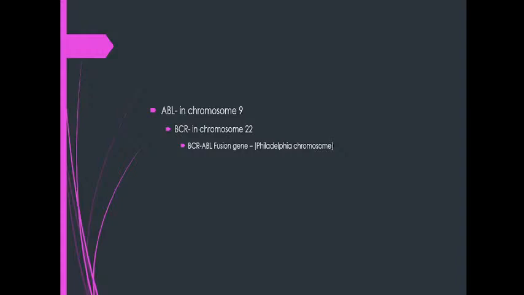The BCR gene is another one, which is on chromosome 22. What happens in CML is that there's going to be a fusion of the two genes as the cells divide. The mutation here is the fusion of the genes, and that's what you call the Philadelphia chromosome.